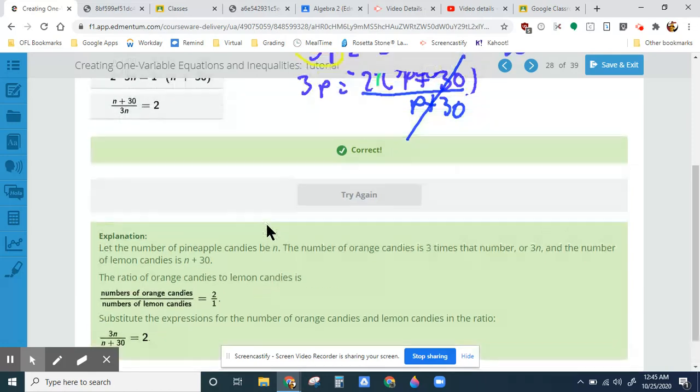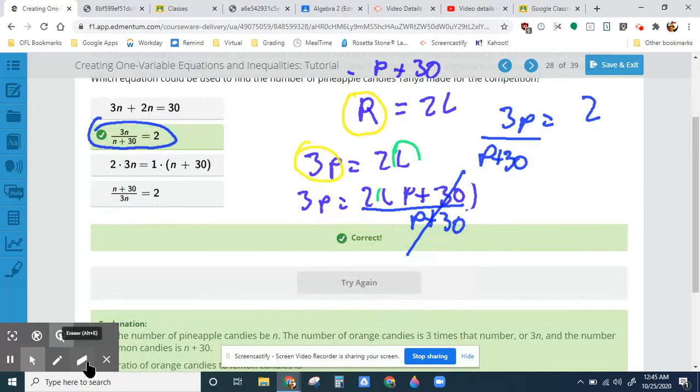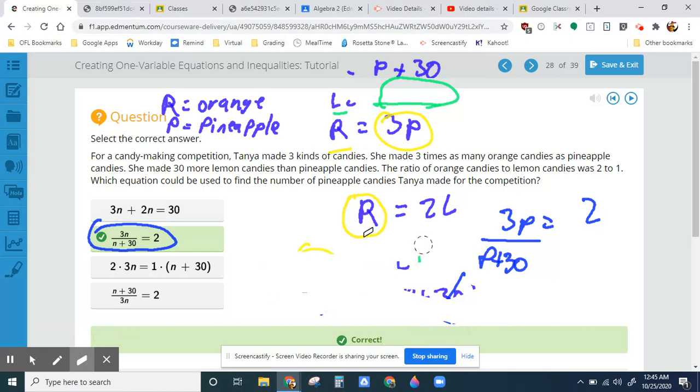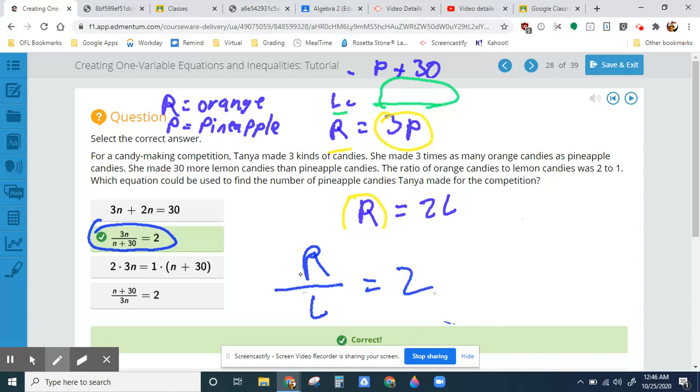So they weren't nice enough to do all of these fractions here. So, oh, I see what they did. Oh, this is Edmentum being smart here. So what they did here was they said, hey, let's think about this. The oranges divided by the lemons is equal to 2.